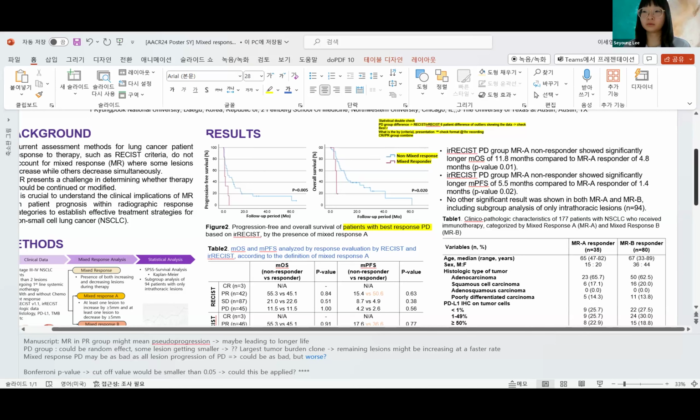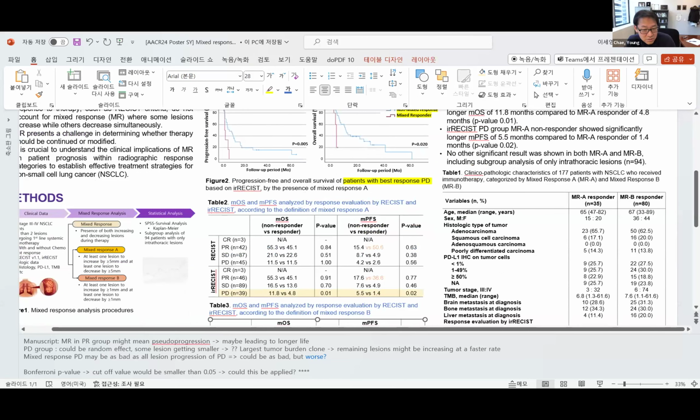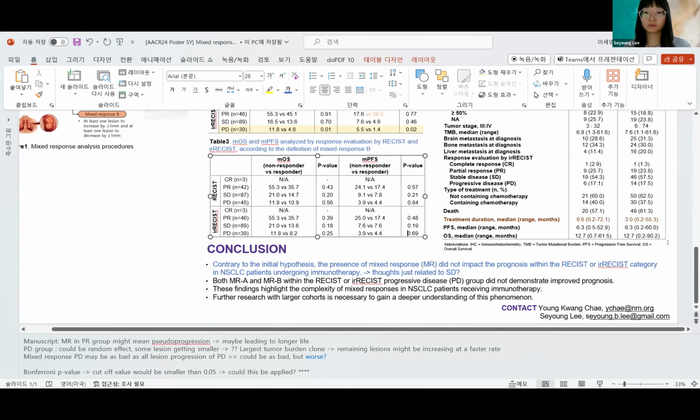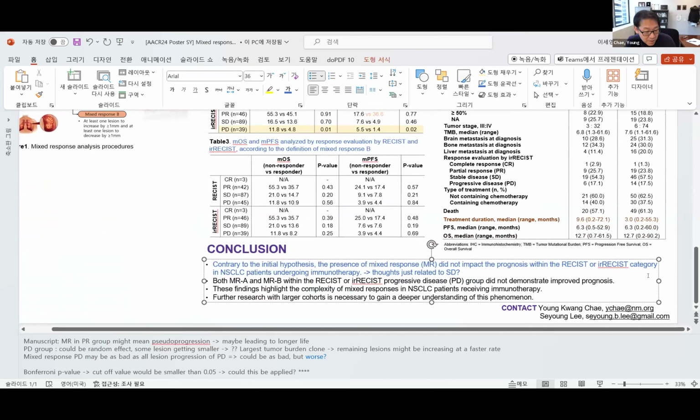Yeah. Anyway, go down to the conclusion. Both A and B did not demonstrate improved prognosis. So the mixed response didn't show any improvement.